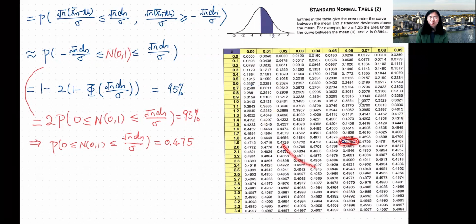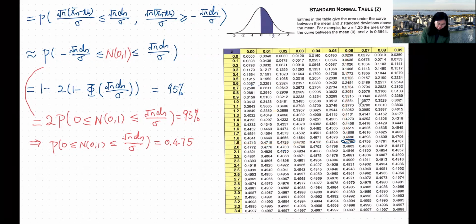That probability is exactly 0.475, and that corresponds to the z value that is 1.96 in this table.